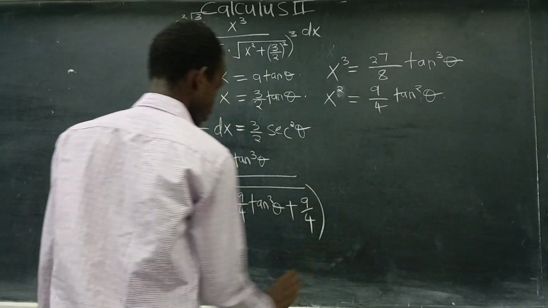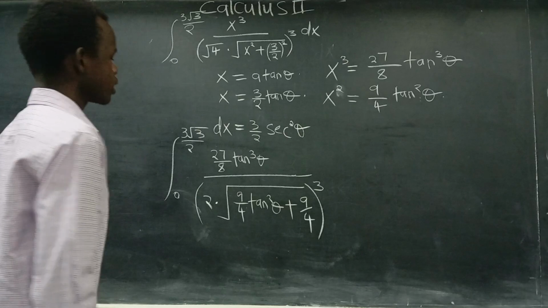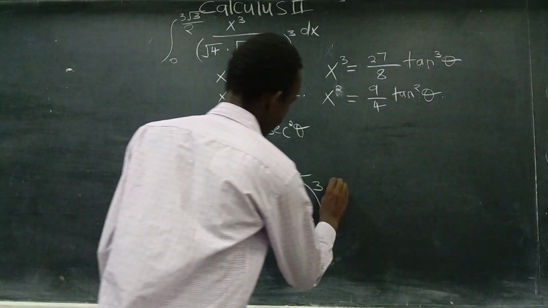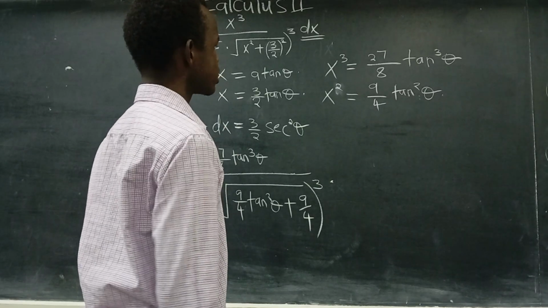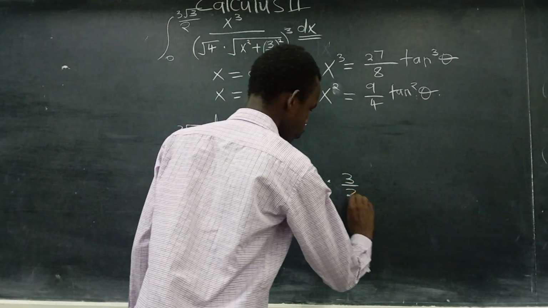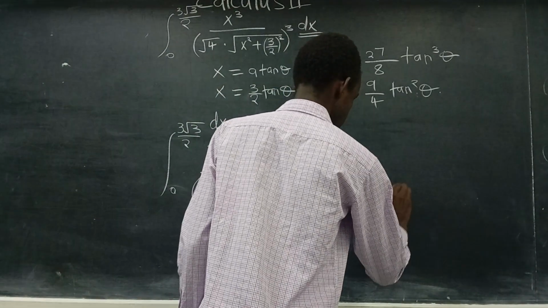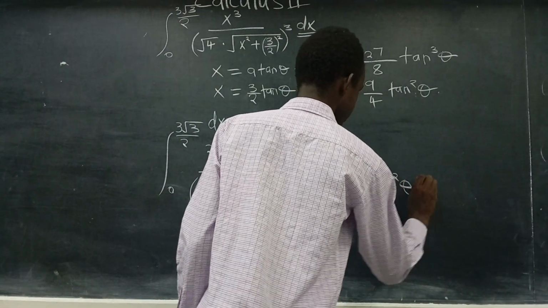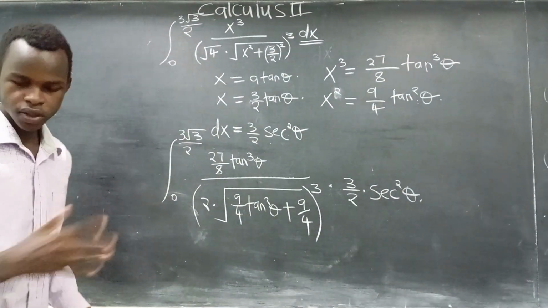So remember, all that expression has been cubed, multiplied by, what's my dx? My dx is 3 over 2 multiplied by secant squared of theta. So once we have reached here, we just continue trying to evaluate.